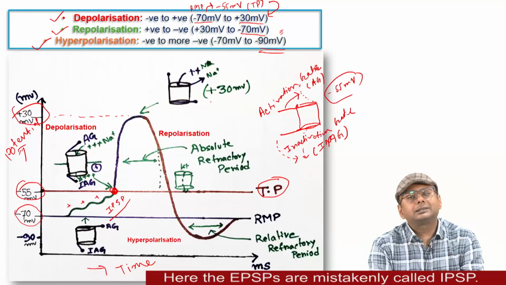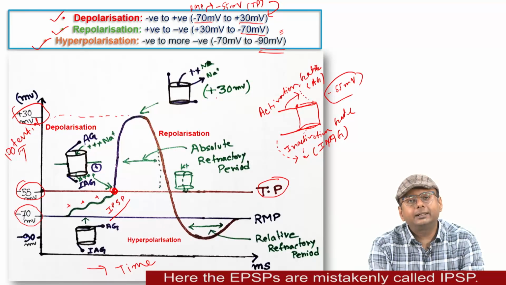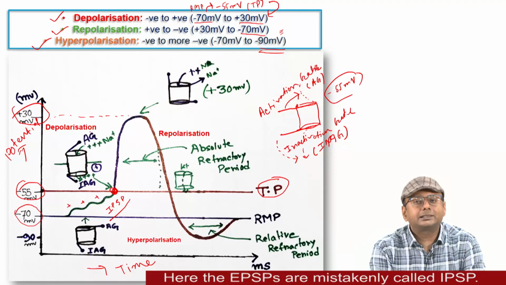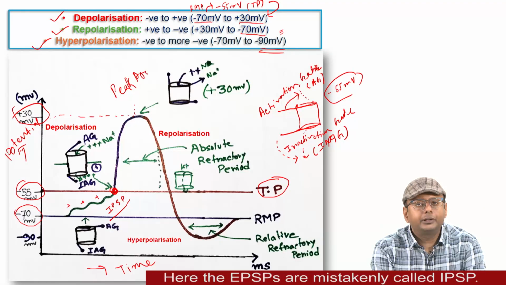At this plus 30 millivolt, this is also called the depolarization wave. And what will happen at plus 30 millivolt? This is the peak point, where the potential is about plus 30 millivolt.